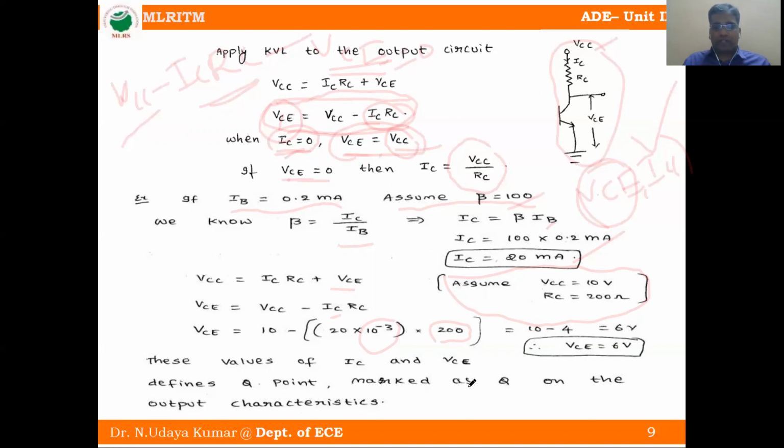Now the Q point is marked on the output characteristics. How to mark it? VCE is equal to 6 volts and IC is equal to 20 milliamperes.